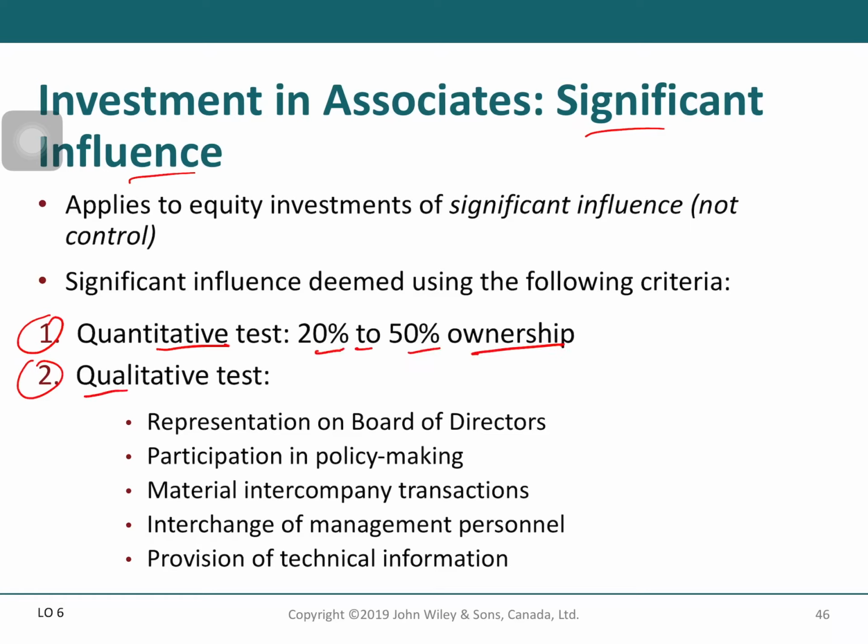And then the other, qualitative test is if you sit as a member of the board of directors, or you participate in policy making, and so on. If you meet these criteria, then you have a significant influence in another company.